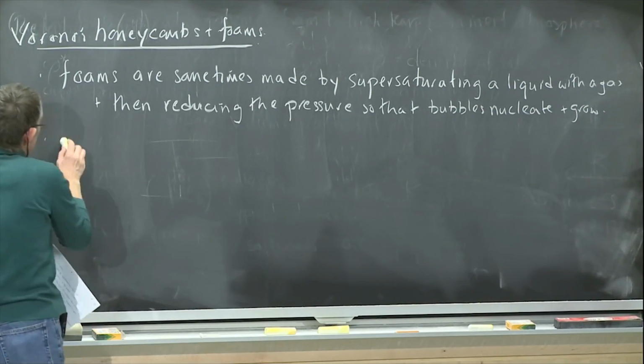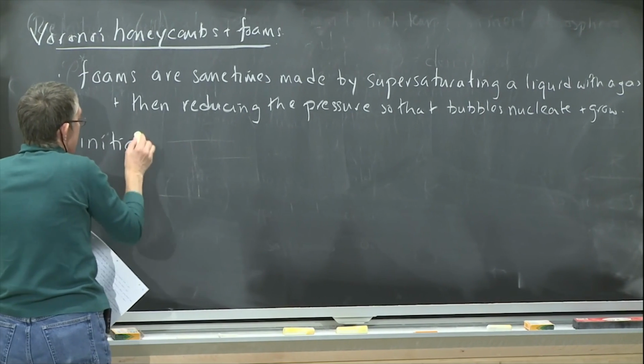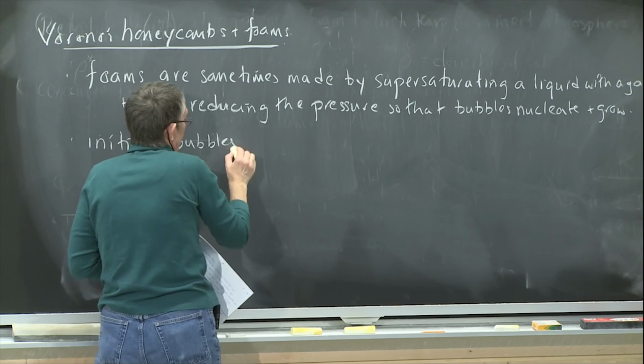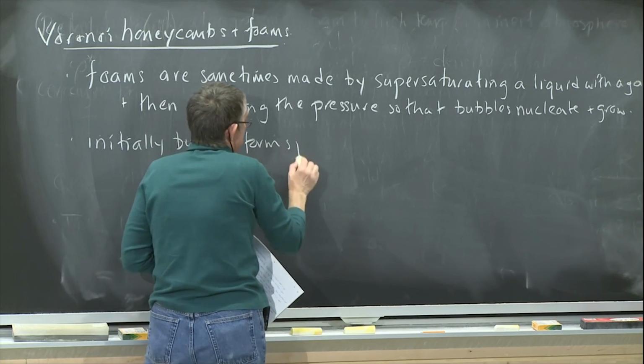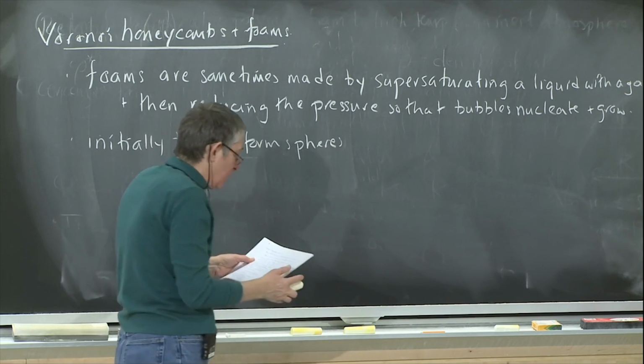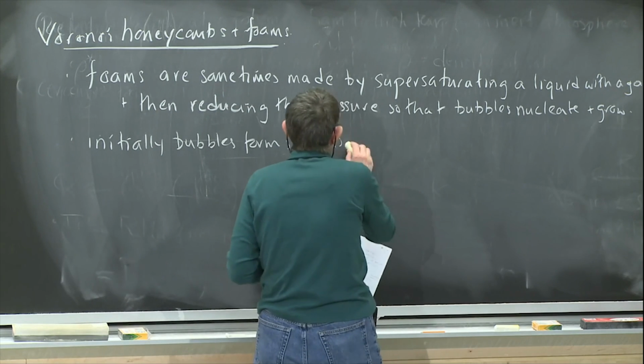So initially the bubbles are going to form spheres. But as the spheres grow, they start to intersect with each other and form polyhedral cells.